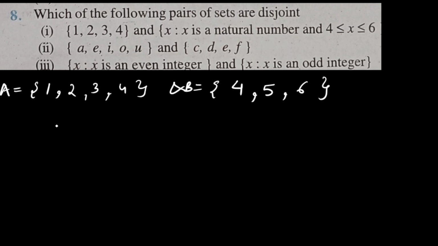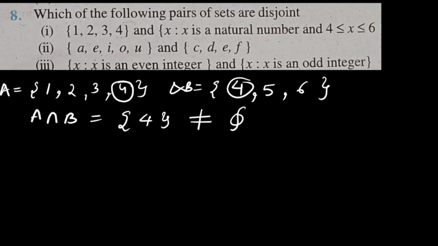If I am finding their intersection, what will be the answer? A intersection B. We just have to see if anything is common, and here we can see 4 is present in both the sets, which is not equal to the empty set. So in the first part, the pair of sets is not disjoint. Let's check the second one.